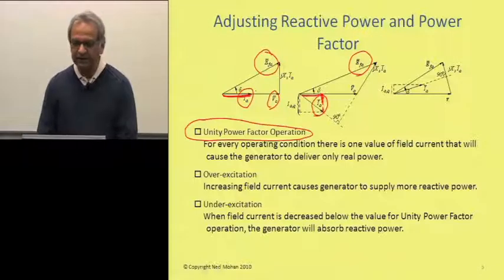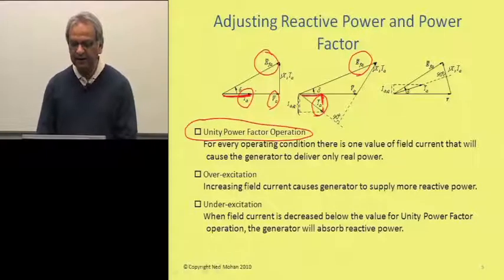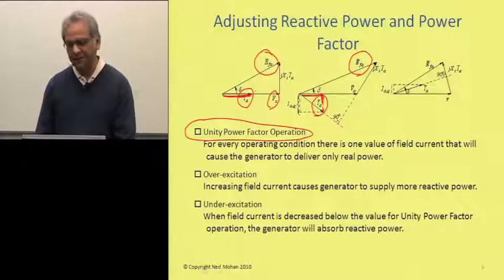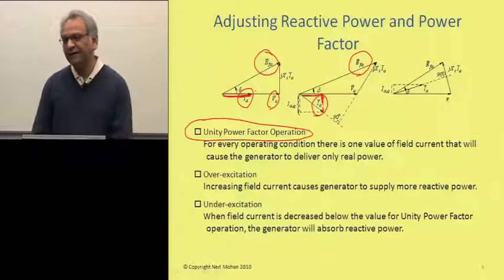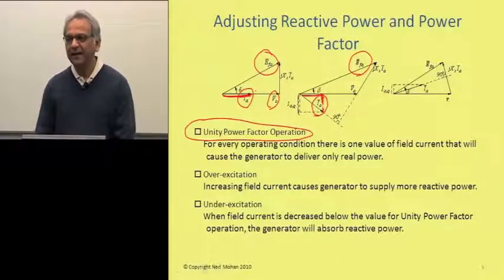So you can see that we are supplying the same power, but this machine, since I sub A is in the direction shown, which is not in phase with V sub A, is supplying reactive power. And usually, when you see current lagging the voltage, we think of reactive power being drawn. But that's not the case here.